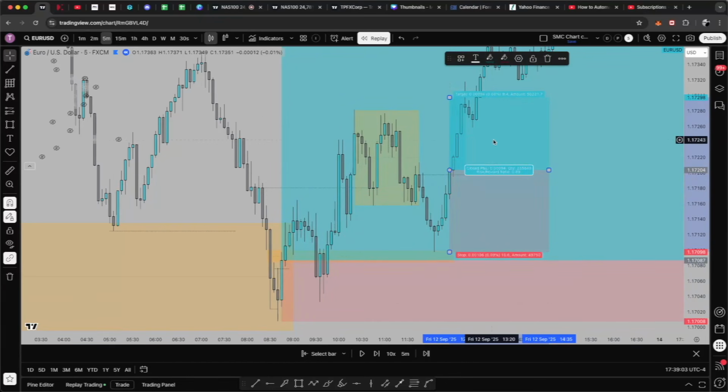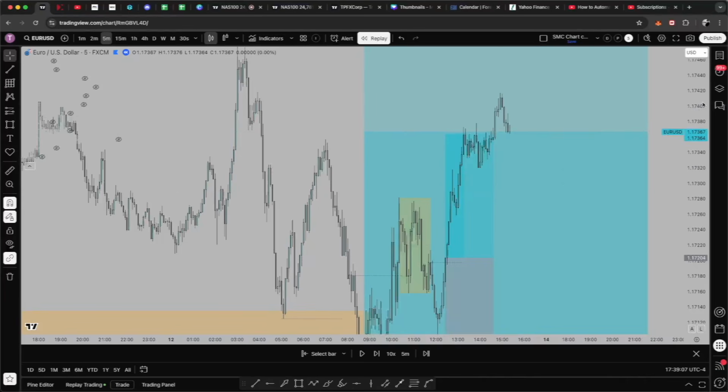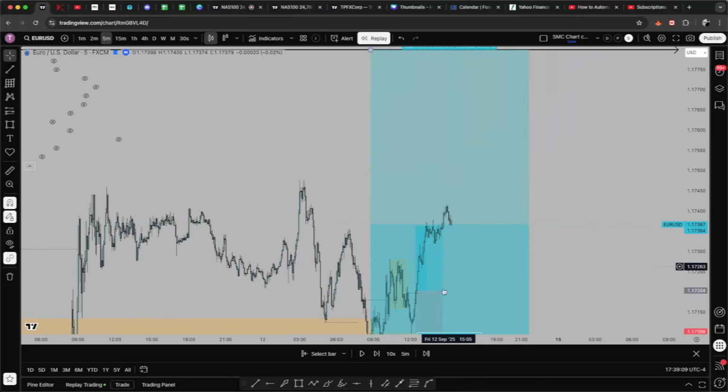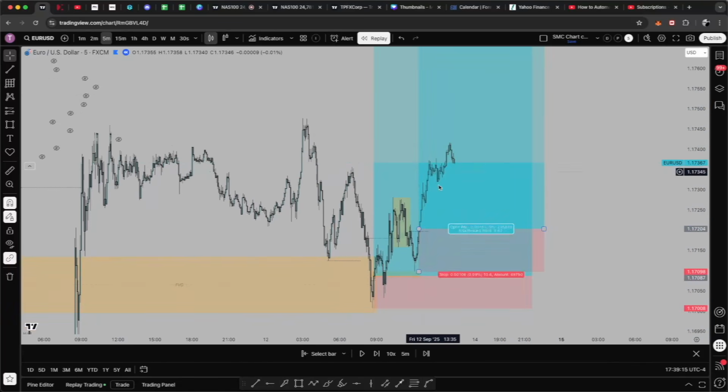If you missed this one, you could have entered there anyways. And then from there, target the highs. If you patiently wait, you're probably going to get more entry models, because price is always going to be doing that. It's going to have an accumulation, manipulation, distribution.